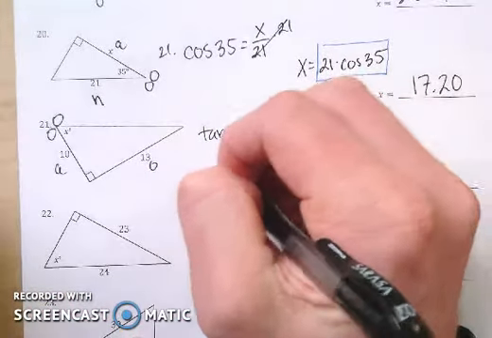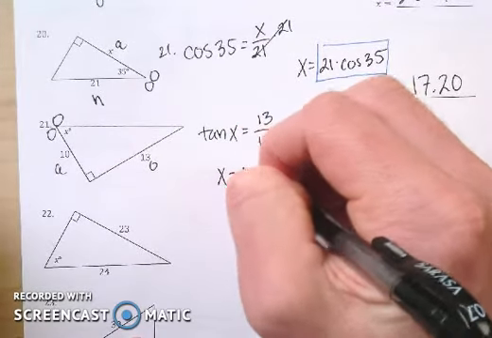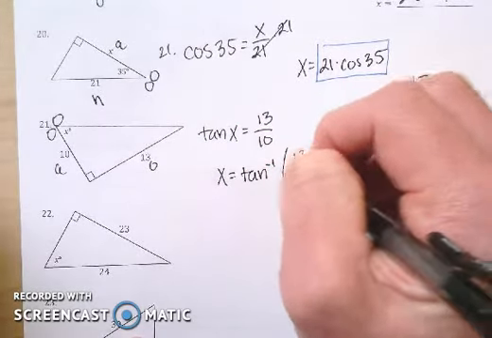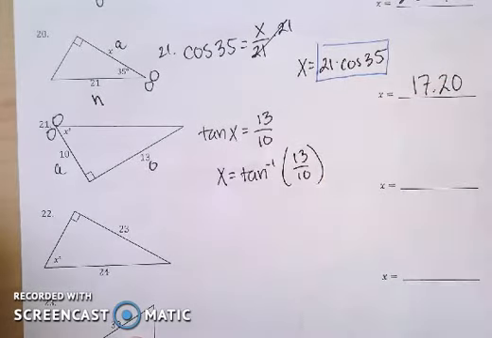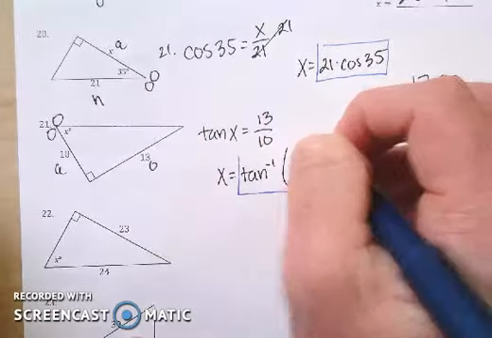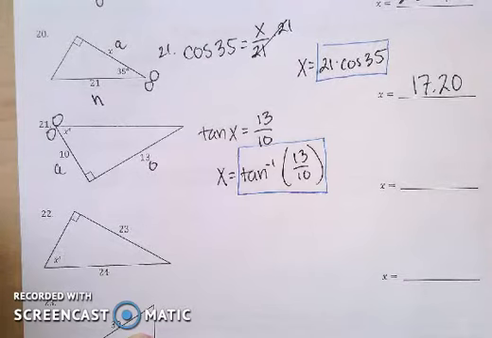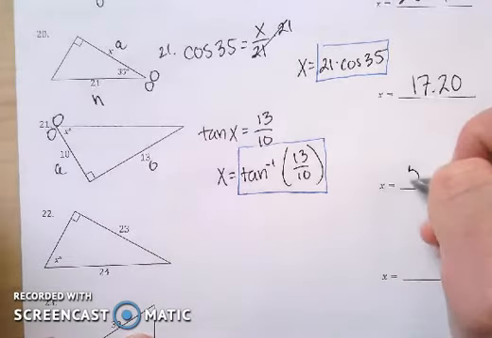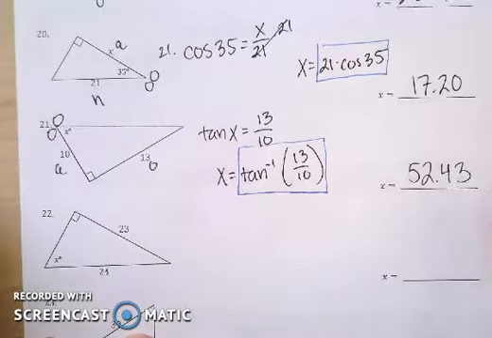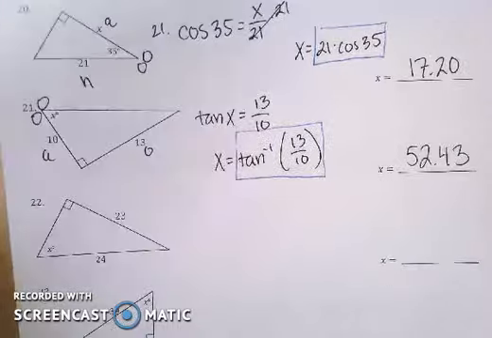So this becomes x equals the inverse tangent of 13 over 10. There's my calculator ready answer. And throw it in the calculator really quick. And we get 52.43. And we are just cruising right along.